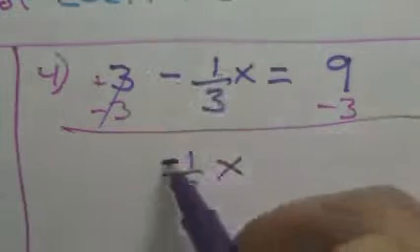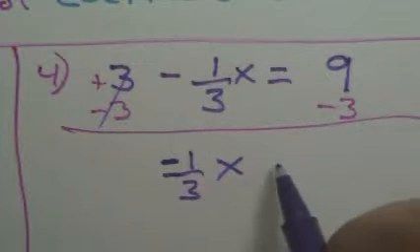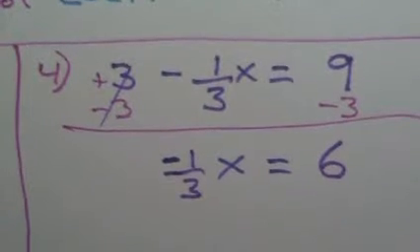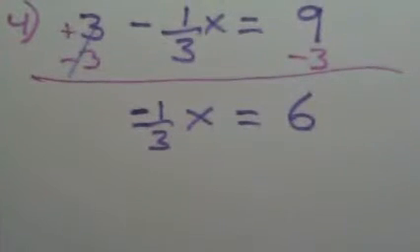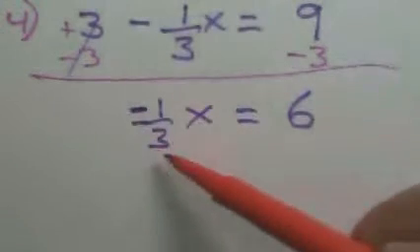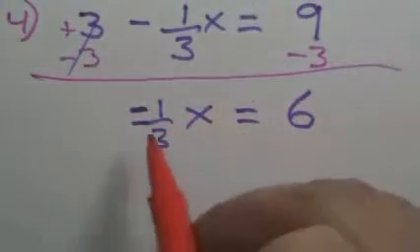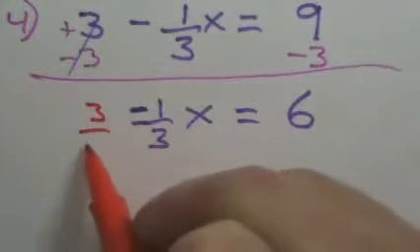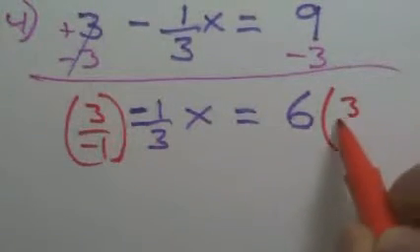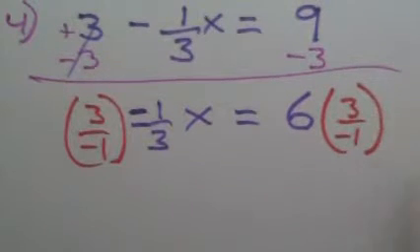But minus 1/3 x, negative 1/3 x, same. And 9 minus 3 is 6. Okay, now we want to use a reciprocal, get rid of this coefficient. So I'm just going to flip it and do that to both sides. Got to be fair.